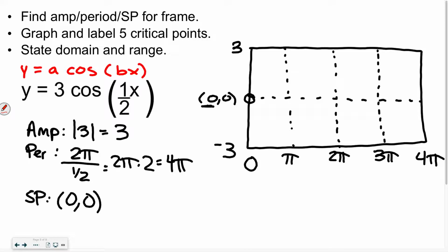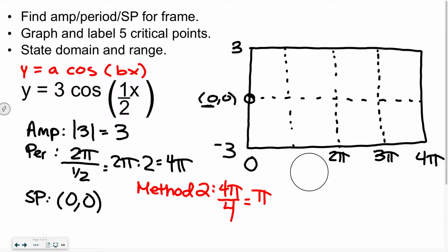Here's method 2. Okay, take your period, which was 4 pi, divide it by 4, and your spacing should be pi. So if I didn't have these already labeled, we'll go ahead and erase them.